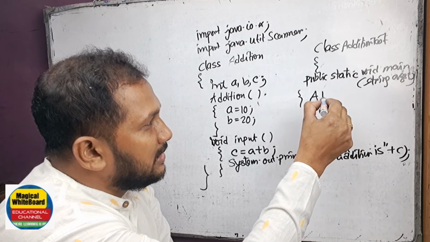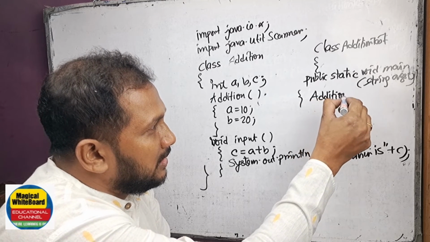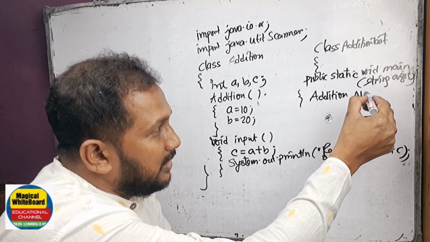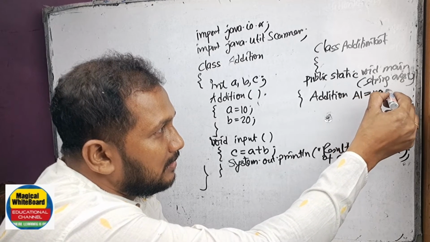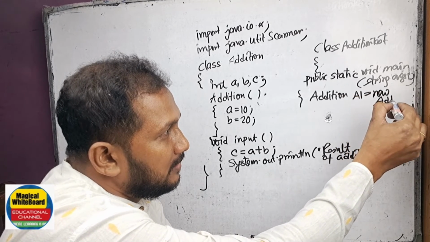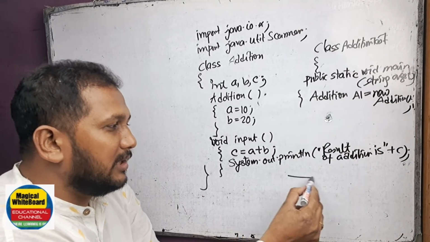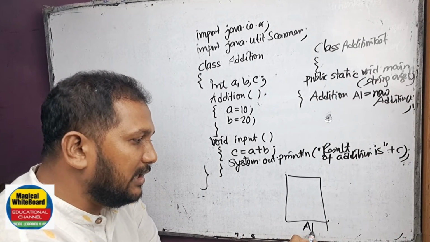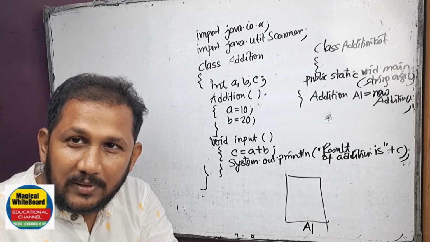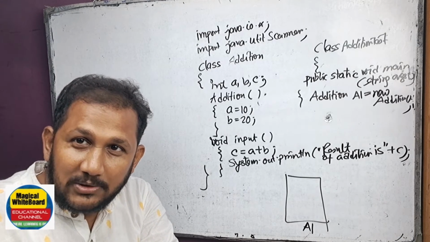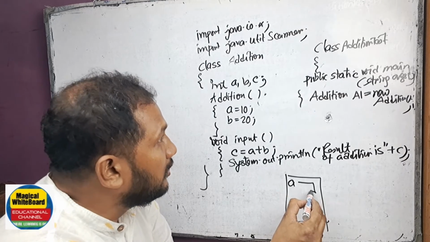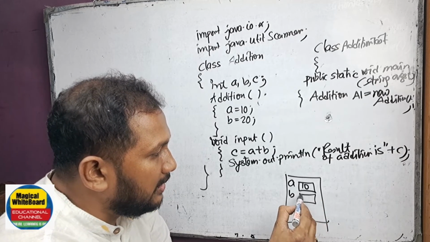The name of the class is Addition and the object is A1. So when the object is created, new Addition(), then A1 object is initialized by the constructor, like a equal to 10, b equal to 20.